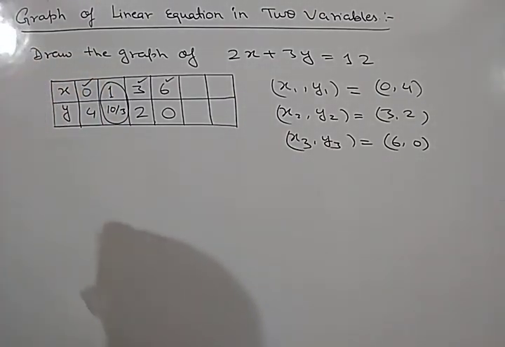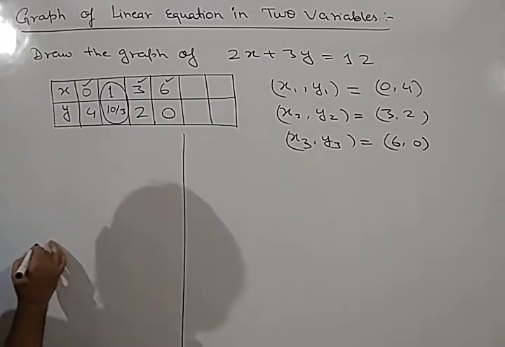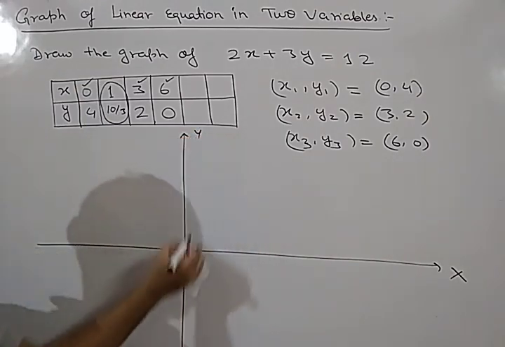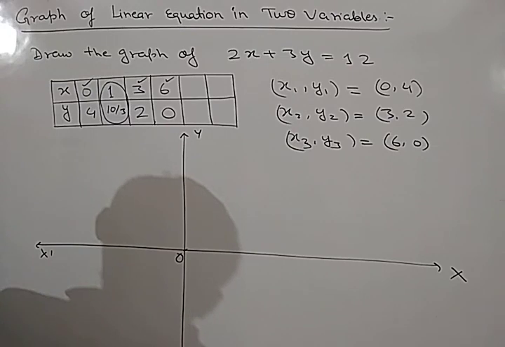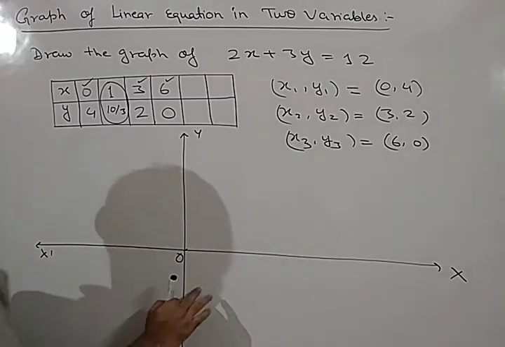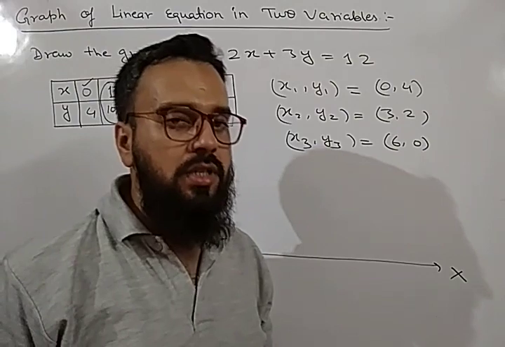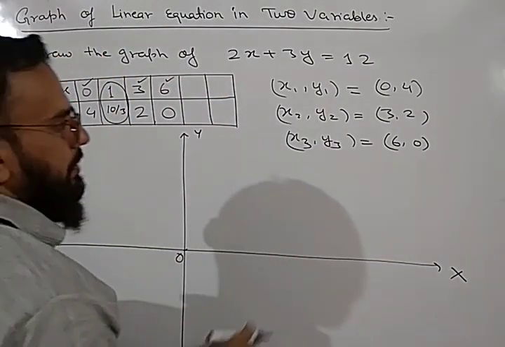Now we have to draw the graph. So we are drawing our Cartesian coordinate system. This is our x-axis, this is y-axis, this is origin, this is x dash and y dash. Now, as we have already studied about plotting the graph on the Cartesian coordinate system and on the graph paper, you all will be having your graph papers.